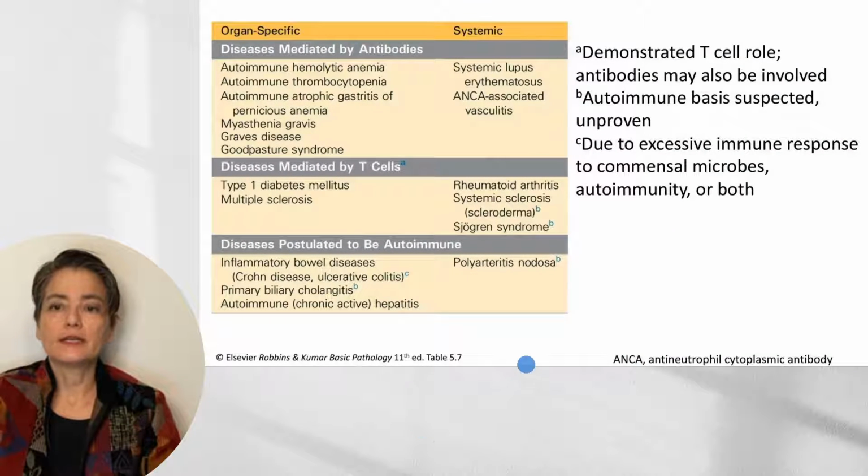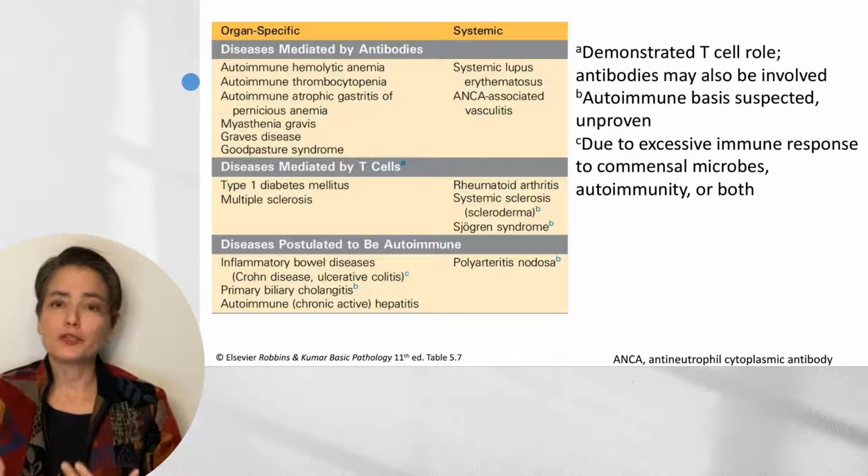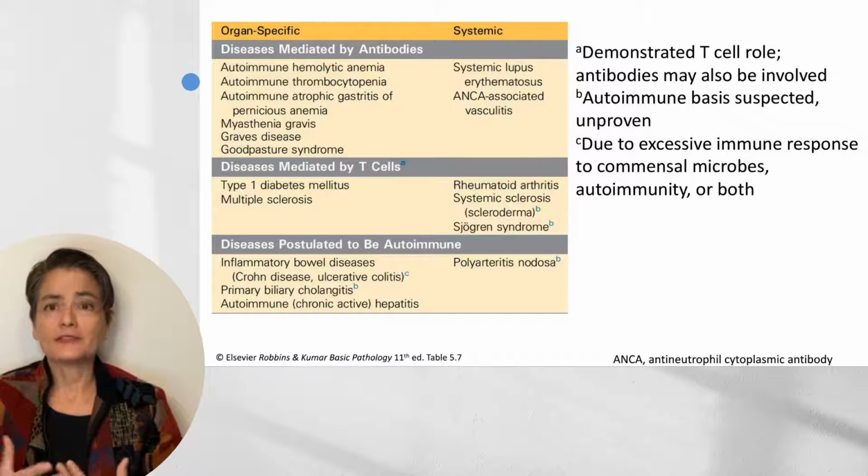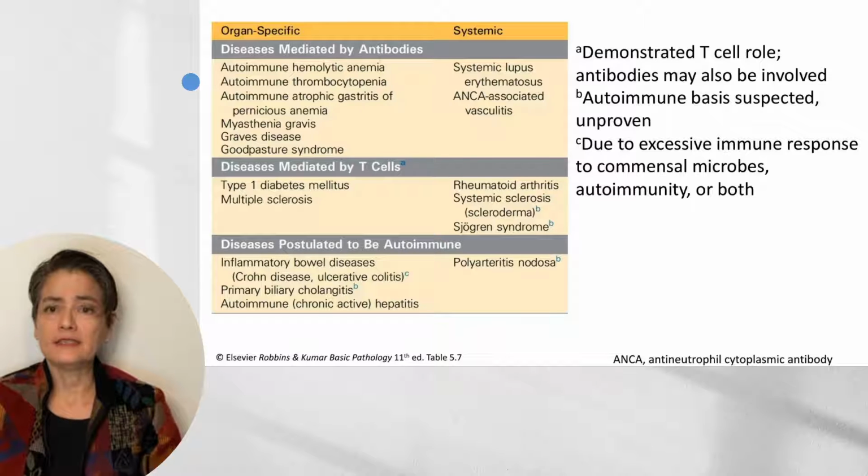So here is a table that breaks it down into these two various classifications, so organ-specific versus systemic, and mediated by antibodies, by T cells, and then diseases that are postulated to be autoimmune. And it's important for you to recognize that we're going to be addressing each of these diseases as you work through the different organ systems in Robbins and Kumar Basic Pathology, because each organ system has its own autoimmune diseases.